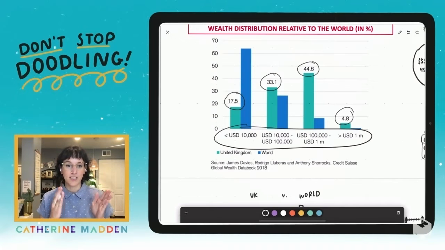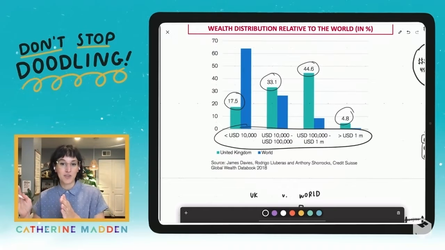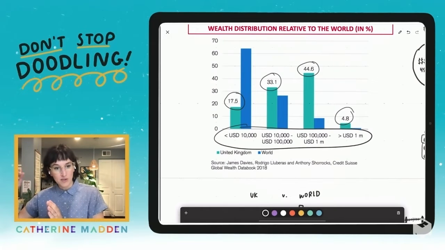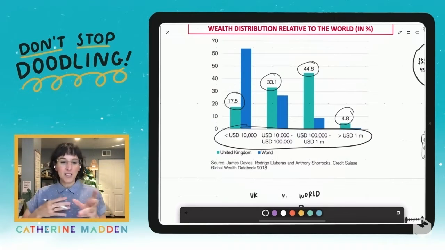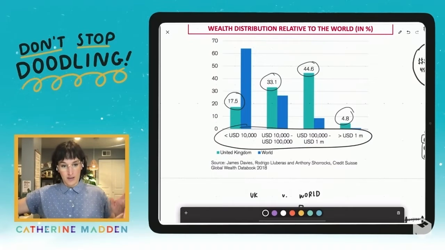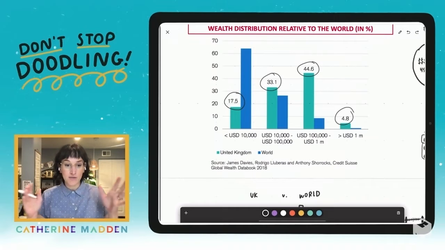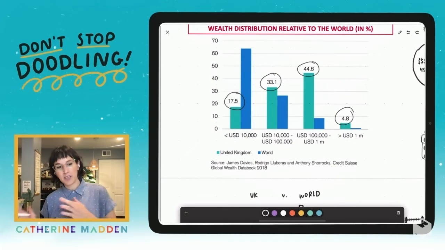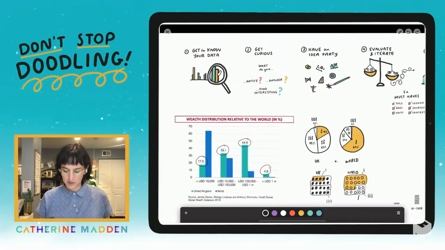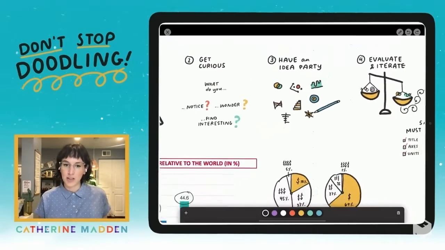So the first one is 0 to 10,000, then it goes to 10,000 to 100,000, and then 100,000 to a million, and then a million to a bajillion, trillion, gazillion, however far into wealth money piles you can get. And those are just vastly different. So that's something I explored in some of step 3, my idea party.